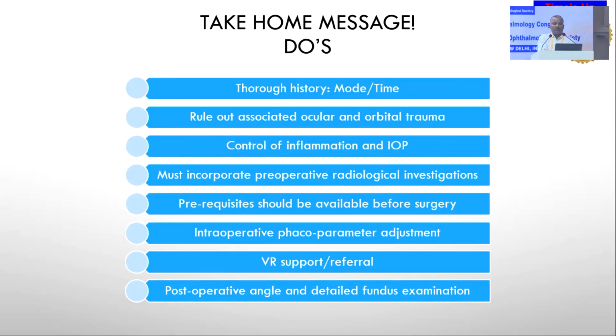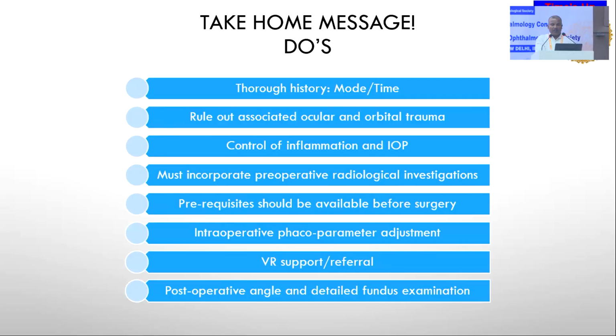So what one should do: one should take a thorough history, one should know the mode and time of injury, and rule out associated ocular and orbital trauma. One should control the inflammation and IOP if it is increased, and must incorporate preoperative radiological investigation to rule out any foreign body or even PC rupture.